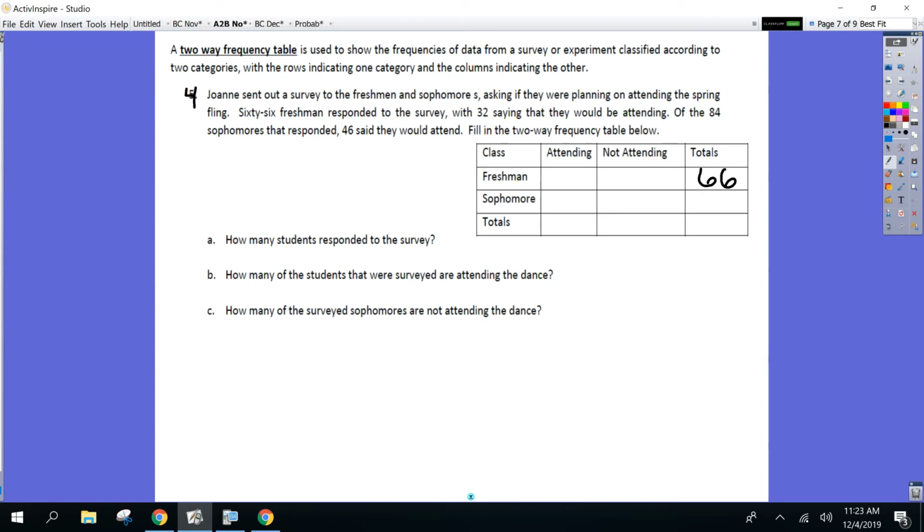With 32 saying they would attend, so 32 freshmen attending. Got it. Of the 84 sophomores, 46 said they would attend. And I think I've given you enough info to fill out the rest, right?